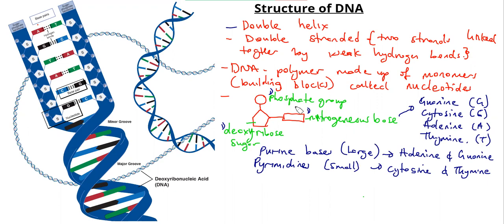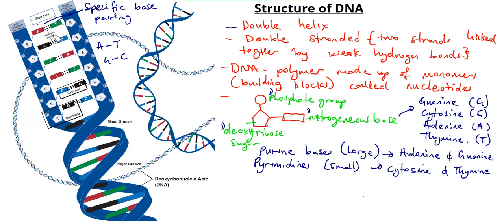And these bases, they pair through what we call complementary base pairing or specific base pairing. So what we see here, we see what we call specific base pairing. Meaning to say your A can only pair with the T, and your G can only pair with the C. So adenine can only pair with thymine, and guanine can only pair with cytosine.